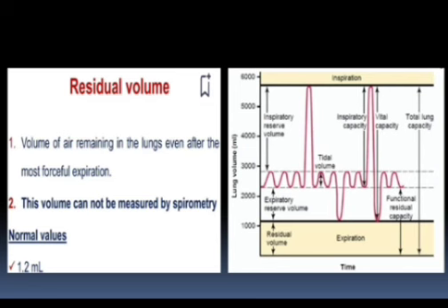So you are bringing out as much air as you can from the lungs. But no human being can bring out all of the air that is inside the lungs. So there must be some that are still inside the lungs. Because if you bring out all the air that is in your lungs, the lungs will collapse. So the remaining air that is in the lungs after a forceful expiration is known as the residual volume.